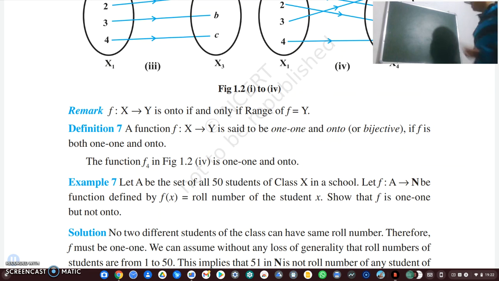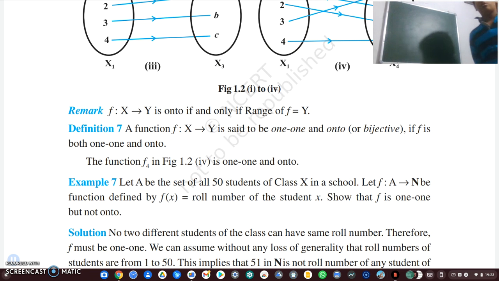Okay, so if a given function is one-one, meaning that if I take here 1, 2, 3 and 1, 8, 27, if I am taking this example, then it's bijective. Bijective meaning one-one and onto both, meaning it's injective and surjective both.